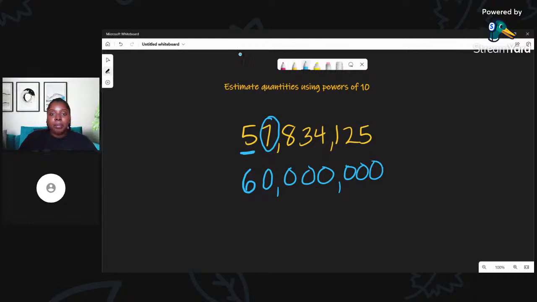Okay, now tell me how to write it as a power of 10. 6 times 10 to the 6th power?